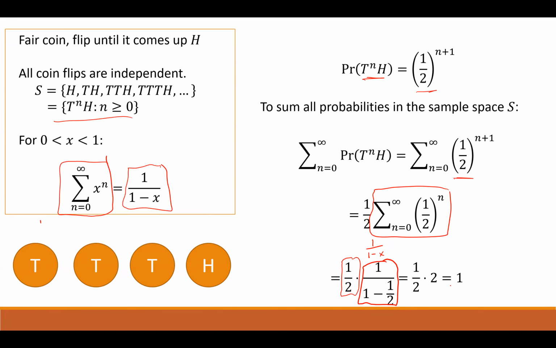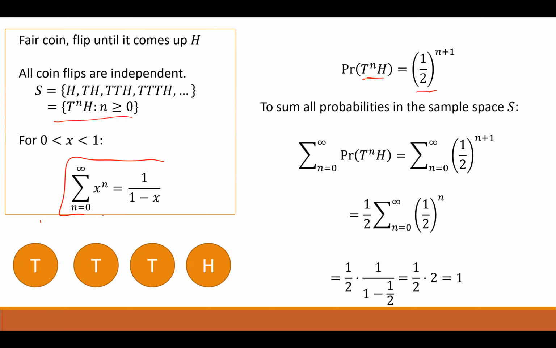So I get 1/2 times 2 equals 1. So indeed, when I sum up my infinite sample space, the probabilities sum to 1, as they should. All right, questions? Okay, so for infinite sample spaces, this is your most useful tool to compute them.